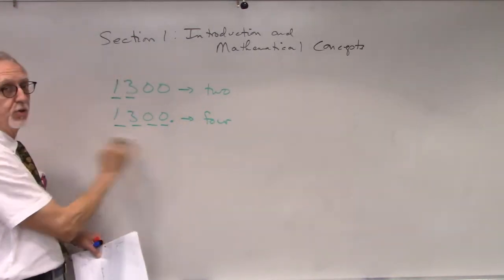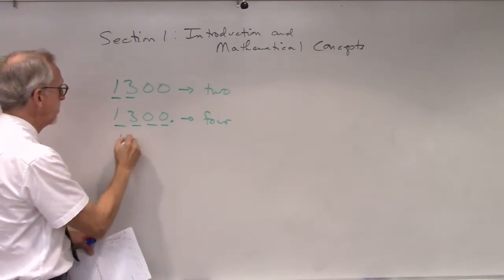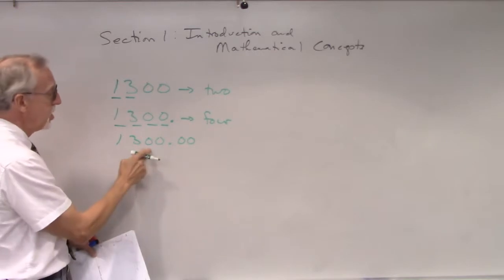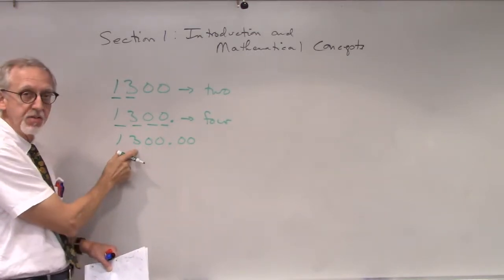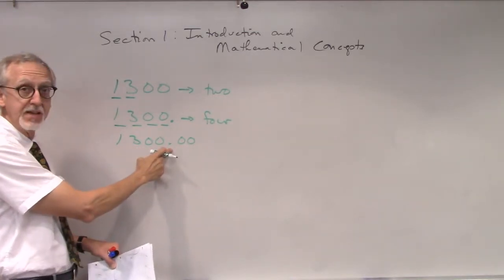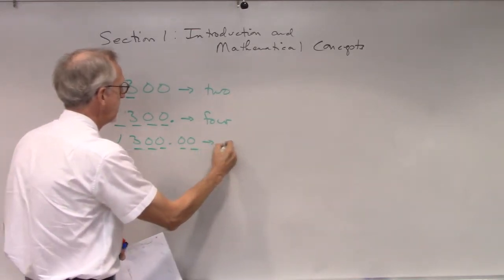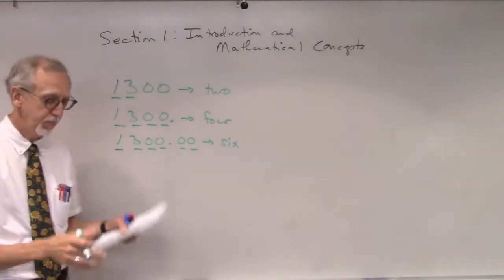If we were to include even more zeros after the decimal point, then those zeros are still to the right of the non-zero digits. The decimal point makes them all significant. 1, 2, 3, 4, 5, 6. 6 sig figs. Okay?